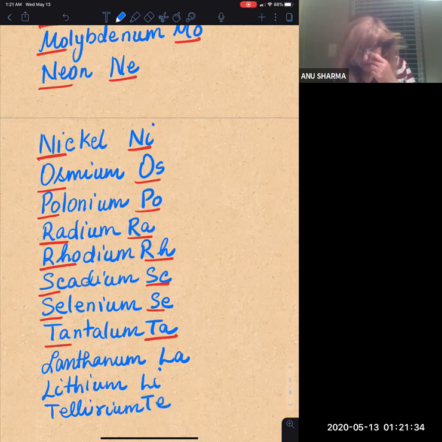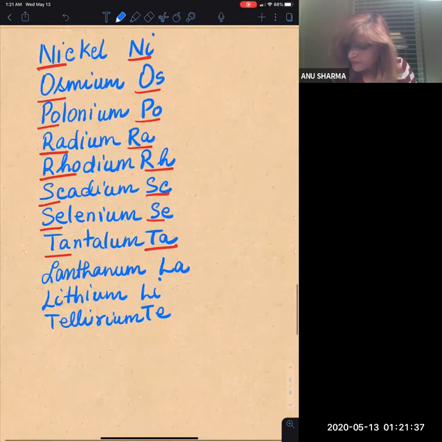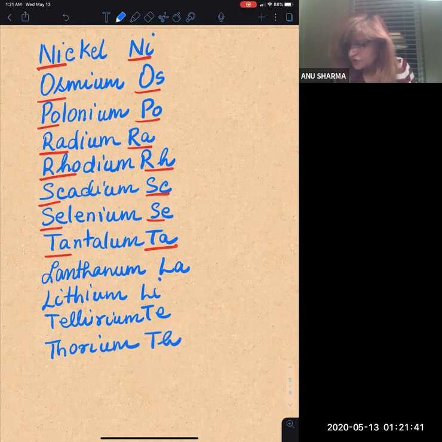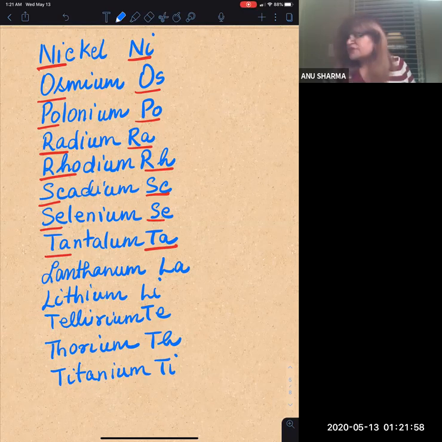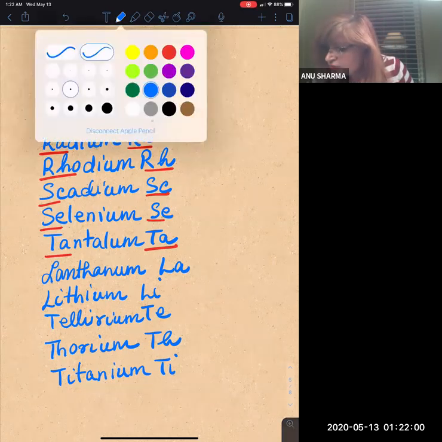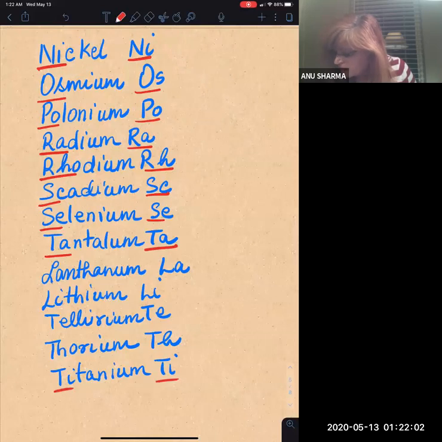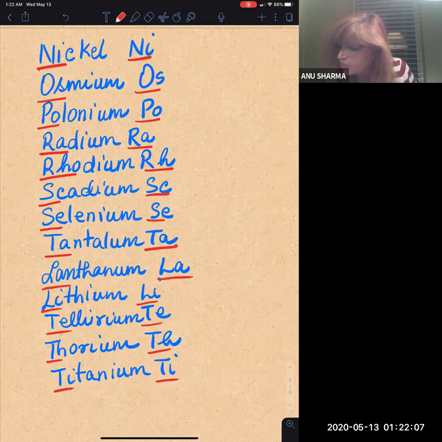Then comes thorium, which is Th, okay? Then comes titanium. These are just a few in this list, and like I said, I may have left out a few, then you can just add on your own. But these are more commonly used ones.